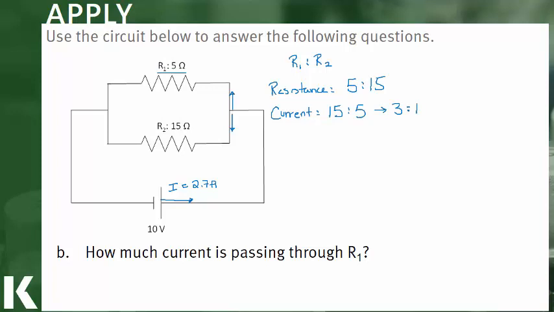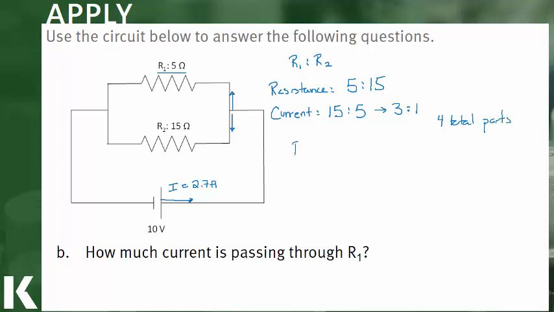Now note this is a part-to-part ratio. That's the current going through R1 relative to R2. So we need to convert this into a part-to-whole ratio. So the sum of our parts would be 4, so 4 total parts.